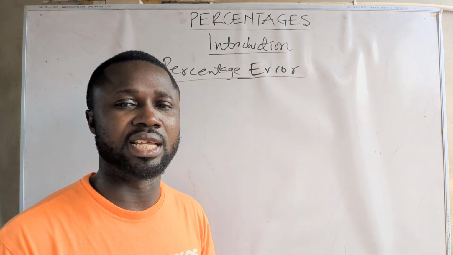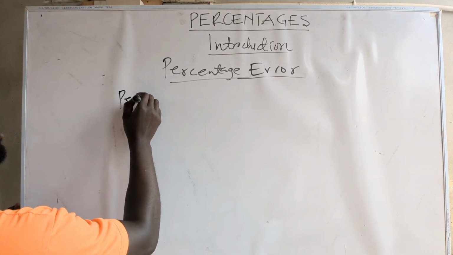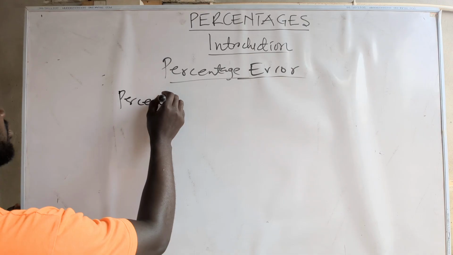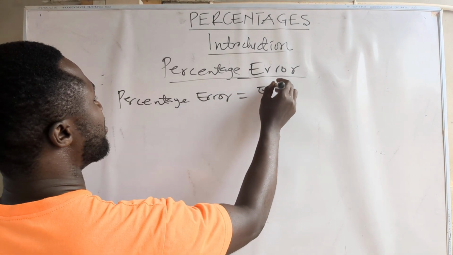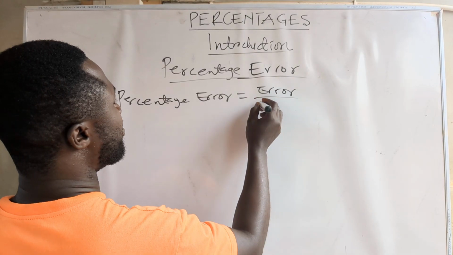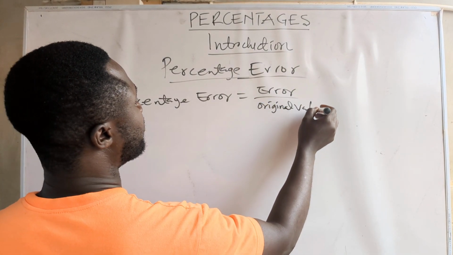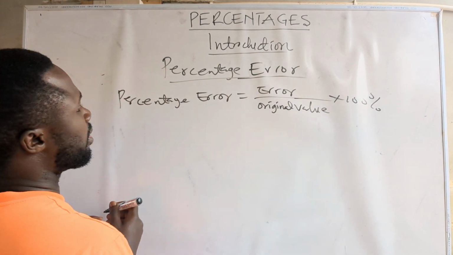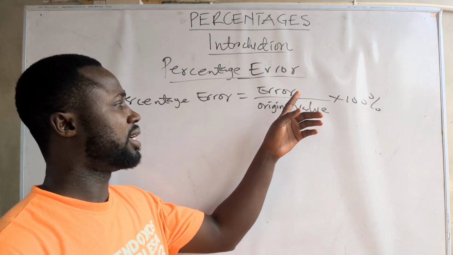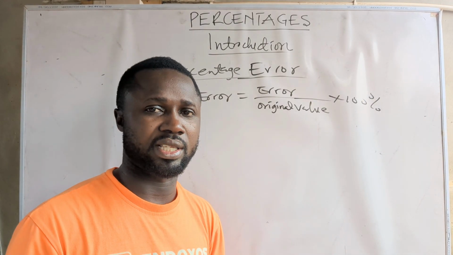What is the mistake in terms of percentage? Our percentage error is equal to the error, the mistake that was made, divided by the original value or the actual value times 100%. So the percentage error is the error divided by the original value times 100%.